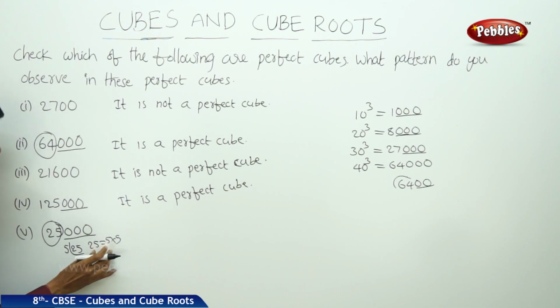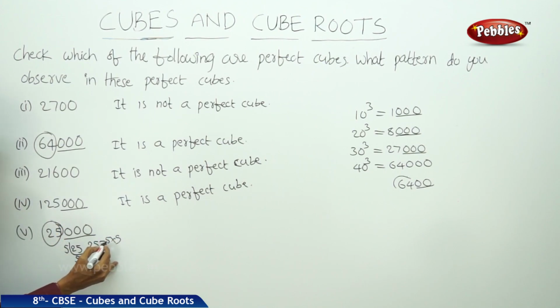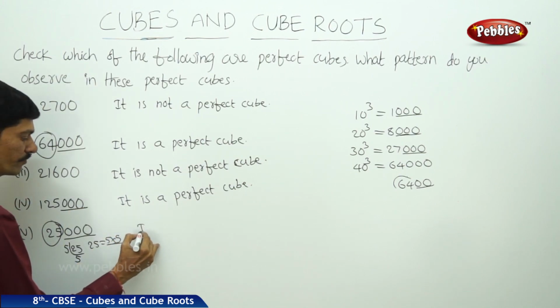So here the prime factor 5 appears only 2 times, but not 3 times. So even though it is ending with 3 zeros, the remaining digits 25 have prime factors appearing only 2 times. So it is not a perfect cube.